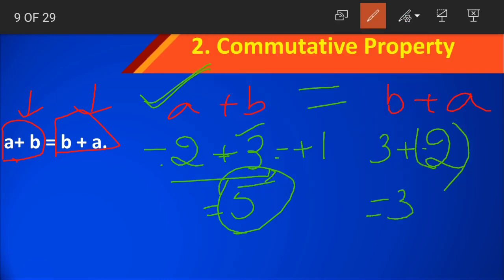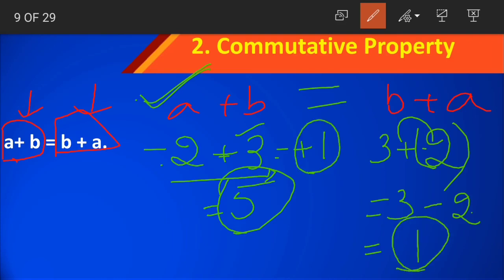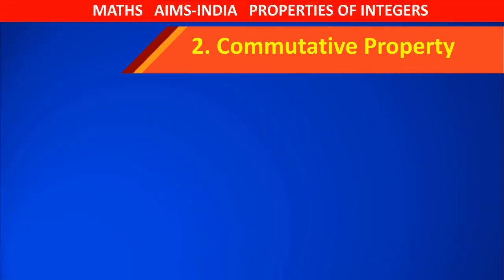Here again, as the signs are different, the result is negative, minus 2. Again, 3 minus 2 is the normal subtraction we do, which is 1. See here, LHS is equal to RHS. Again we have shown that addition of integers follows the commutative property.